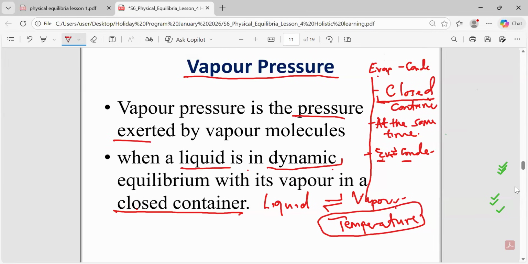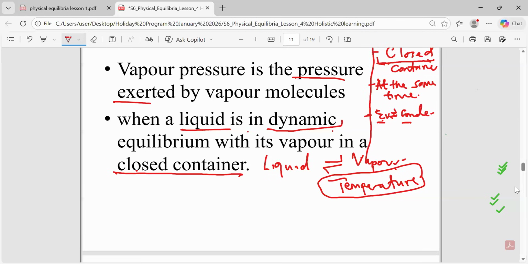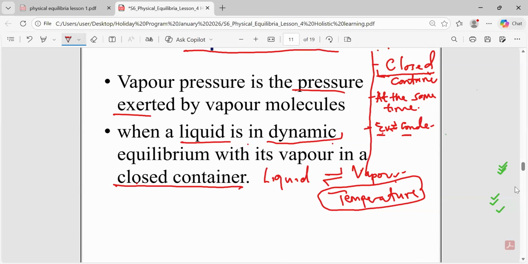So the ability of a substance to go into vapor form gives it a high chance of having high vapor pressure, because the pressure is exerted by vapor molecules.